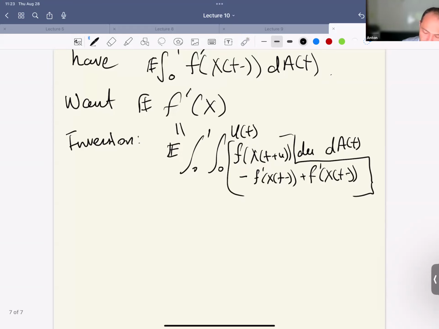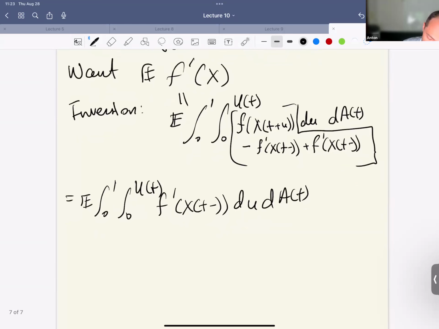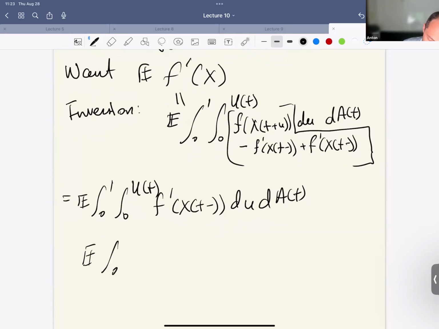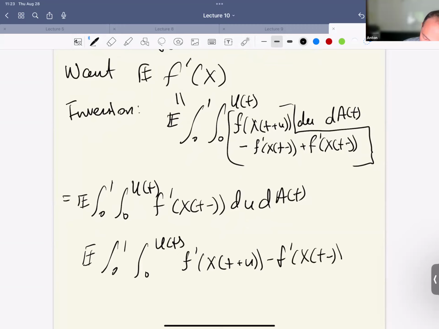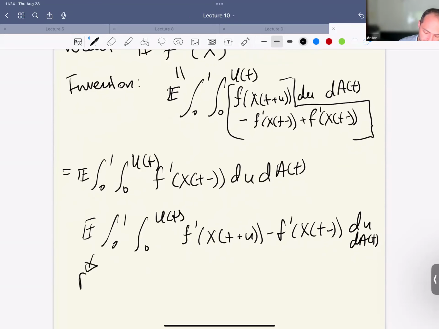Okay, so I get the expectation of the integral from 0 to 1, integral from 0 to u of t, of f prime of x of t minus du dA of t, and the expectation of the integral from 0 to 1, integral from 0 to u of t, of f prime of x of t plus u minus f prime of x of t minus du dA of t. And this is going to be error.